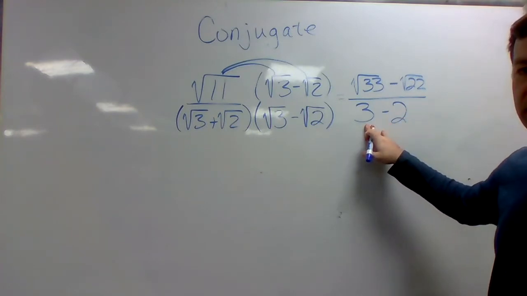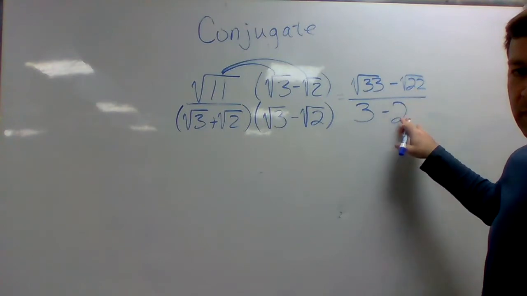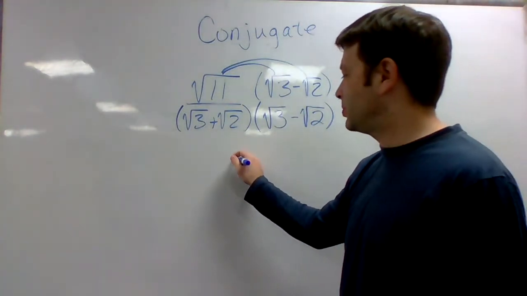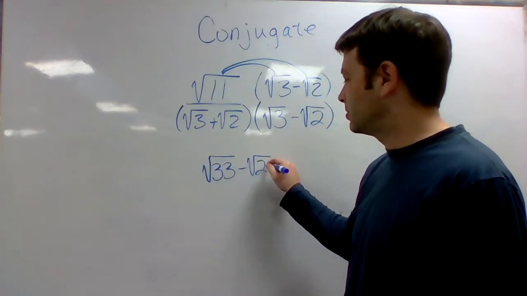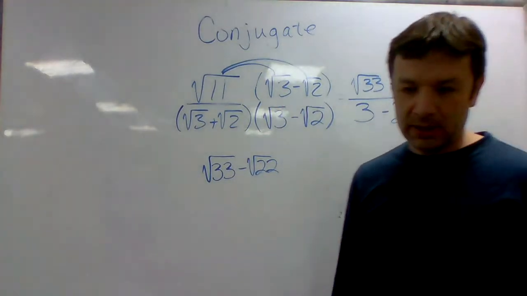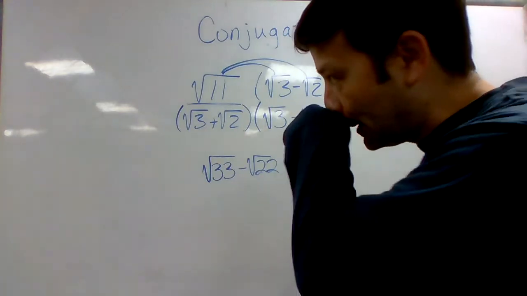Okay, so the bottom, can that simplify? Yes, 3 minus 2 is 1. And anything over 1 is just itself. So the answer is just square root of 33 minus square root of 22. The end. All right. Number 17.